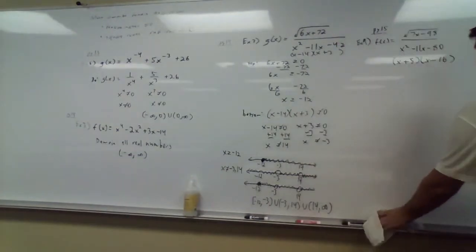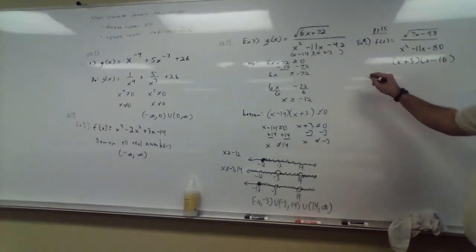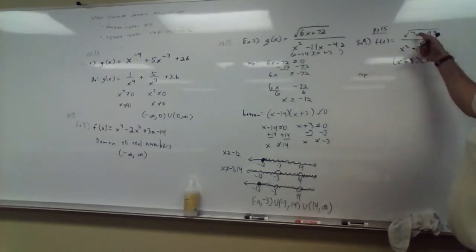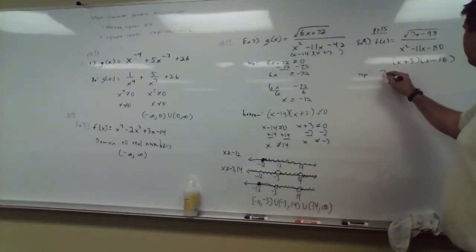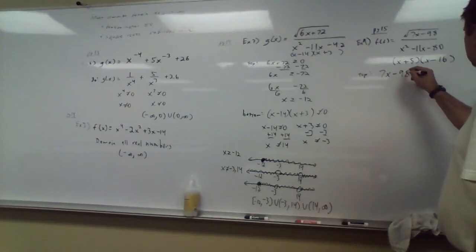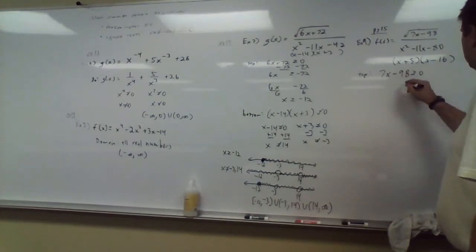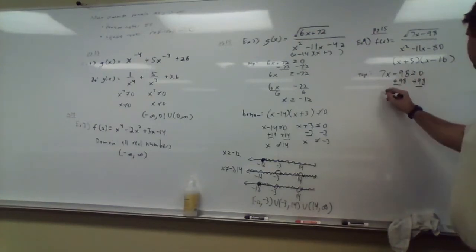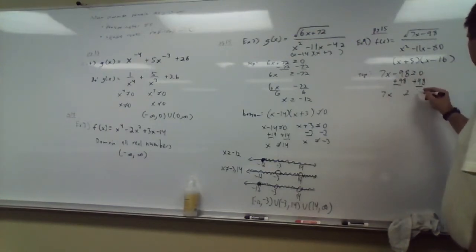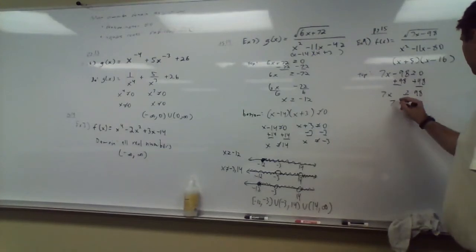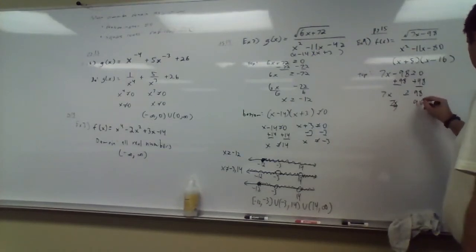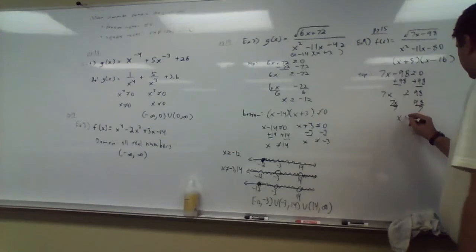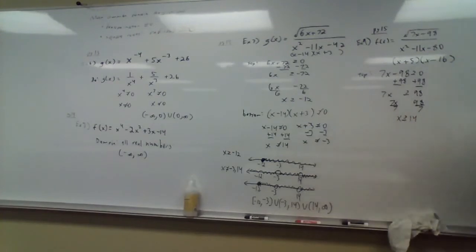All right, so top. Remember, for square roots, radicands have to be greater than or equal to 0. Okay? Add your 98. 7x has to be greater than or equal to 98. Divide off the 7. x has to be greater than or equal to 14.